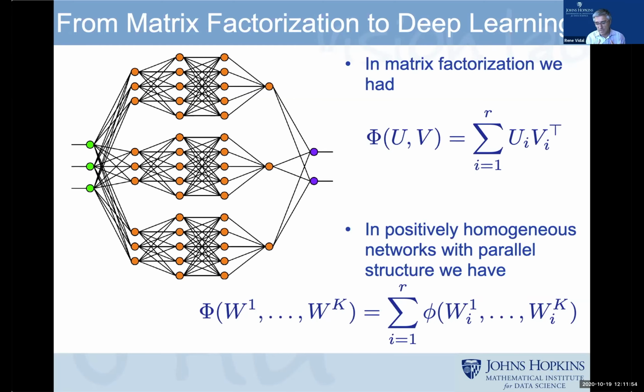It can have any number of neurons that you want. The only property we are requiring of this little phi map is that it must be positively homogeneous of some degree on the weights. Okay, so that covers the generalization of the architecture part, which I've mentioned earlier.